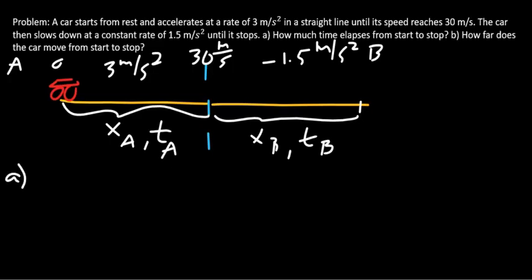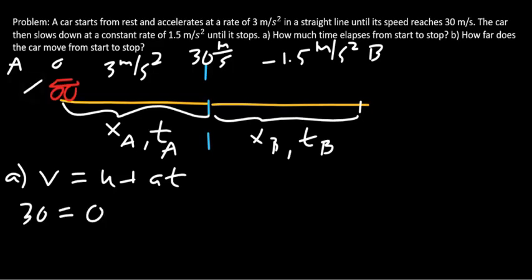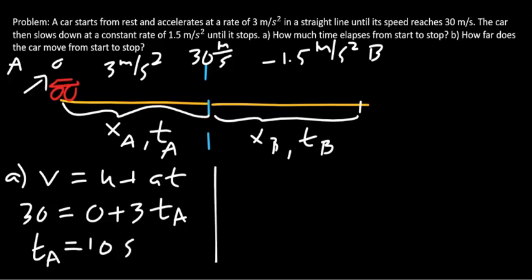So let's calculate tA. That can be determined from the first equation of kinematics, v equals u plus at. For region A, your v is 30, u is 0, the initial speed, acceleration is 3, t is tA, and you see tA is quite simply 10 seconds. Now let's do region B. Again, you use the v equals u plus at formula.